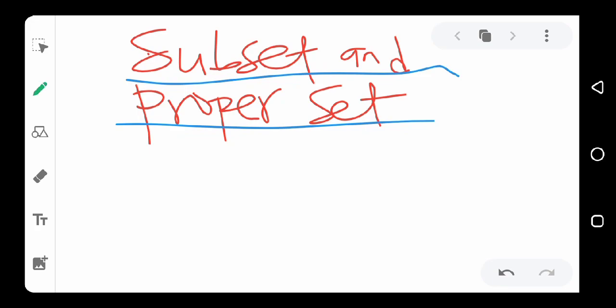Now for proper set. Proper set is somehow related to the concept of subsets.